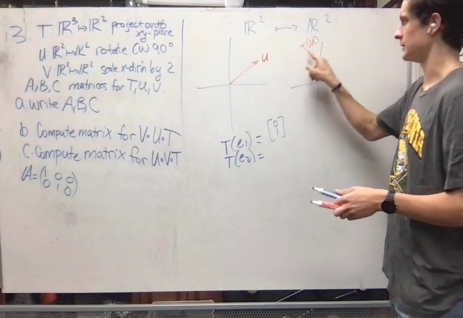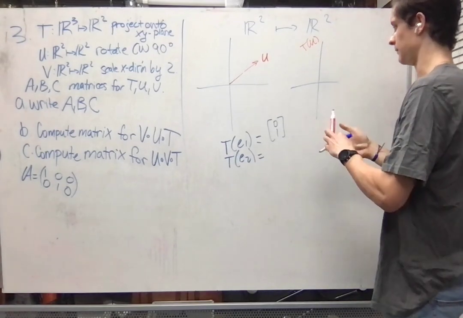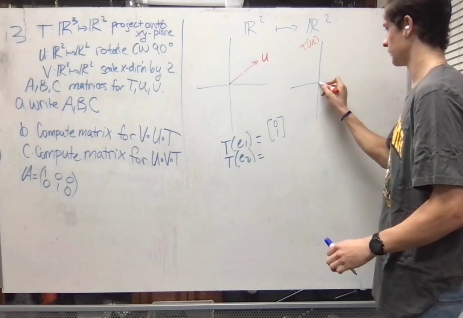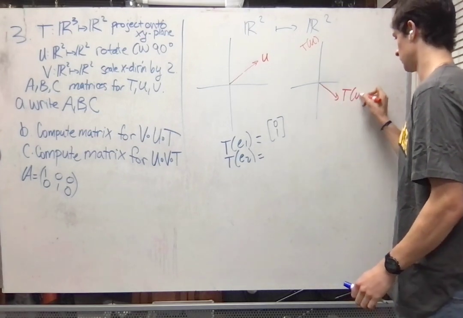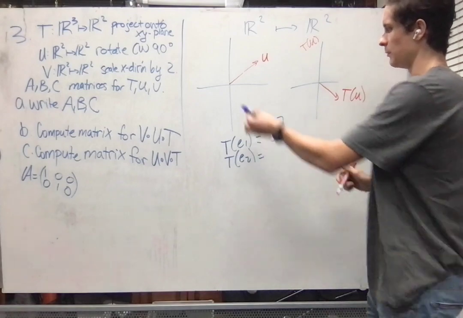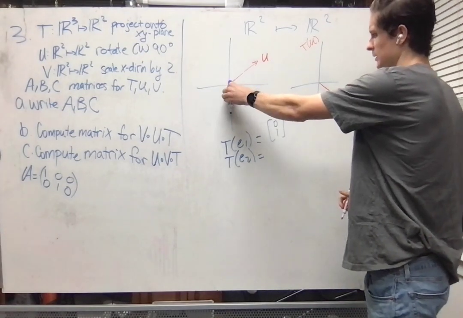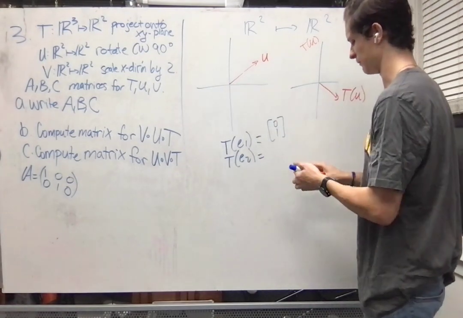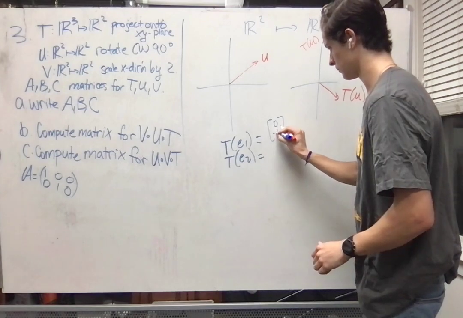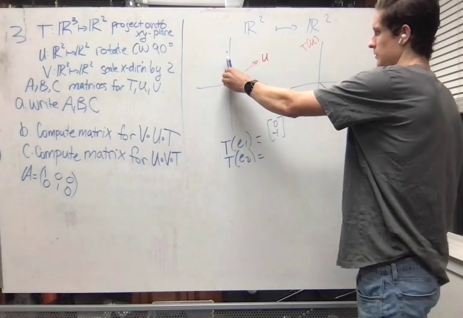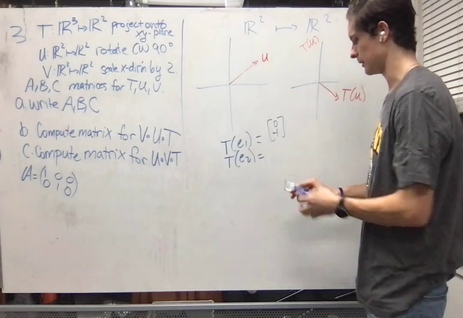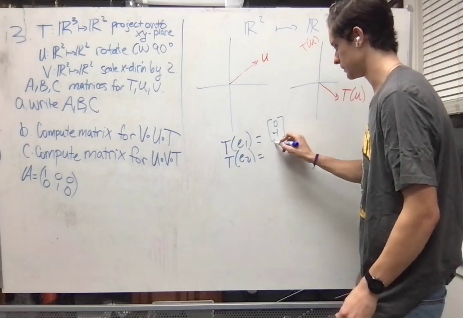So instead of T of U being here, T of U would actually be here. And we have to think about E1 rotated clockwise. It's going to be 0, negative 1. And then E2 rotated clockwise is going to end up at E1, or 1, 0.